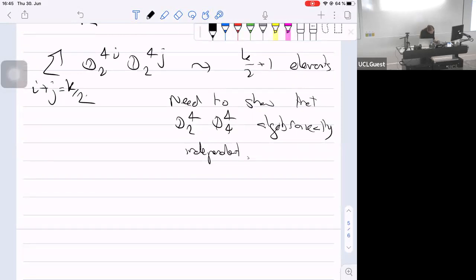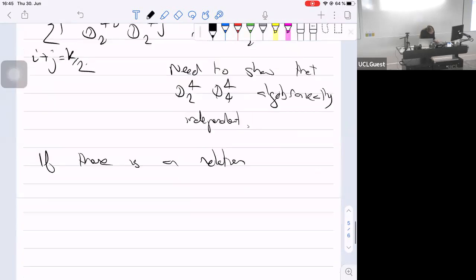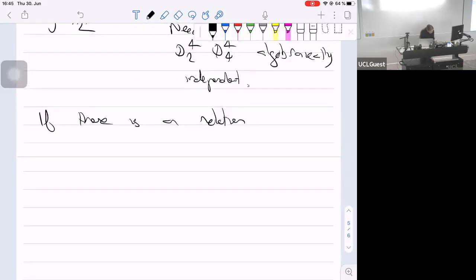But the idea to see this is if there was a relation, some polynomial p of x, y with complex coefficients, you can assume the polynomial is homogeneous of degree n, because there are not going to be any relations between modular forms of different weights.